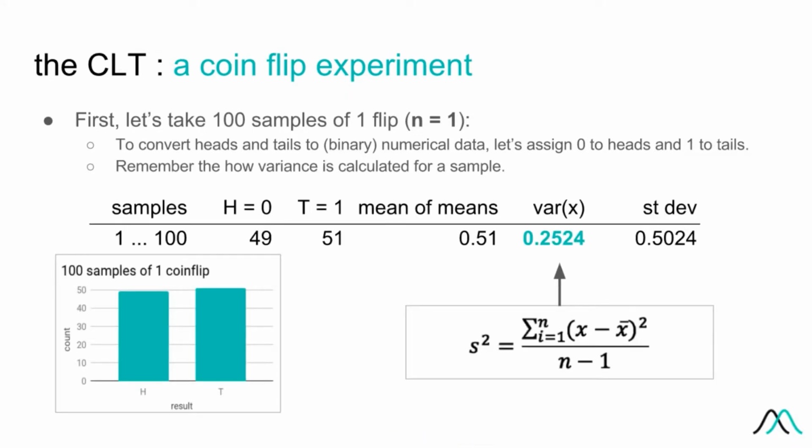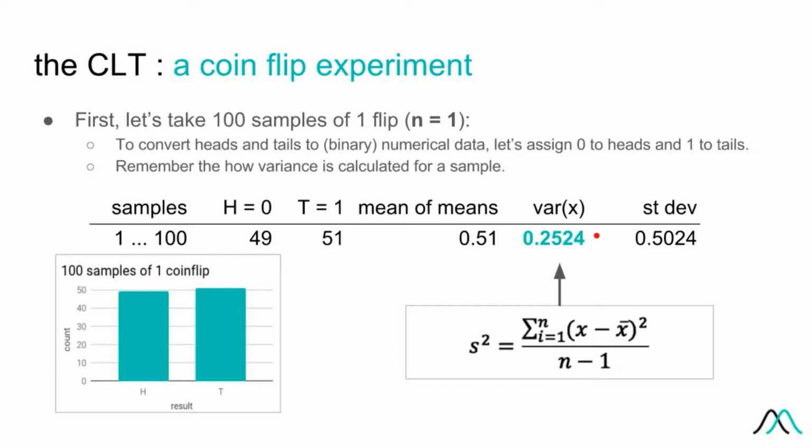Out of 100 samples, taking the mean of each sample of 1 every time, we got 49 means of 0 and 51 means of 1. Overall, this averaged into 0.51. We're calling this our mean of all these means. The variance of all these means is this number, 0.2524.